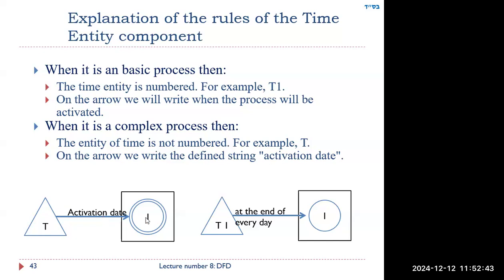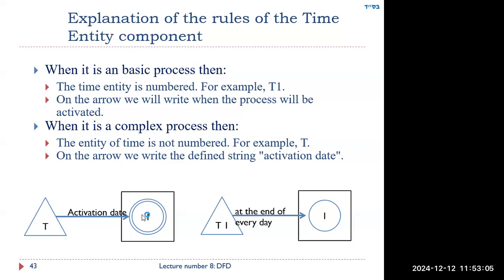But if it's a complex process, then we know that we're going to have another level beneath us that's going to also have the T and also an arrow, but it's going to go into T point P to process 1.2 or 1.3 or 1.1.